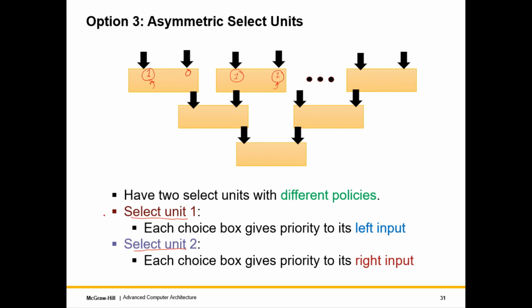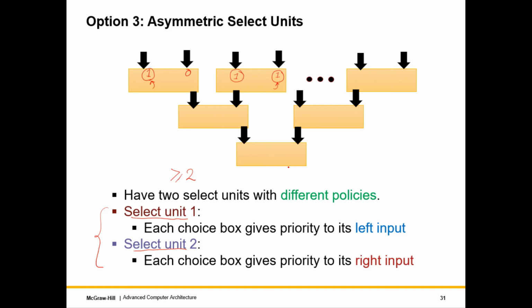So it is possible to prove, and in fact, I would like to invite you to prove the following, that if I were to design a select unit in this fashion, and if greater than or equal to 2 request lines are positive, both the select units will never make the same choice.